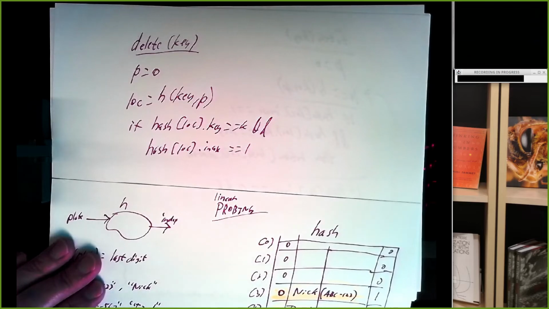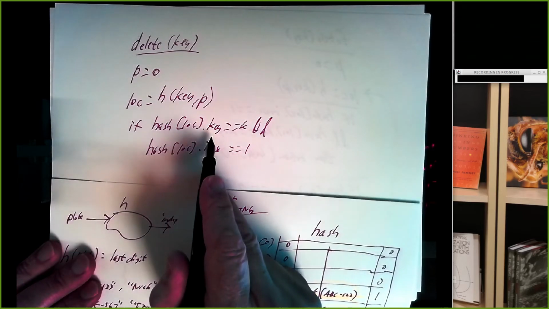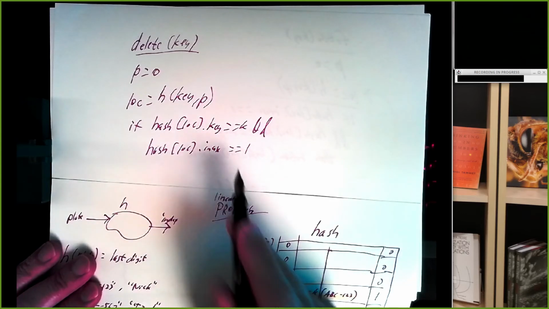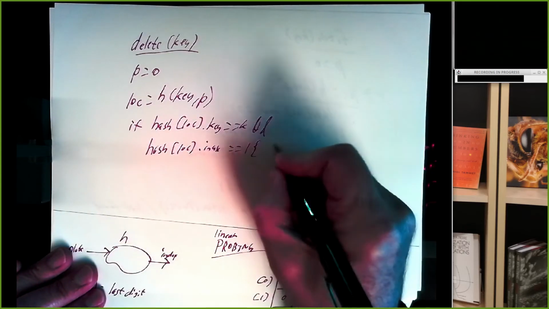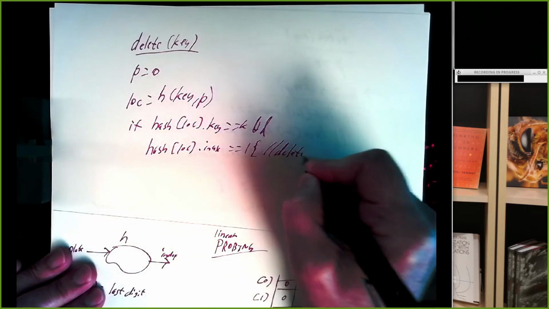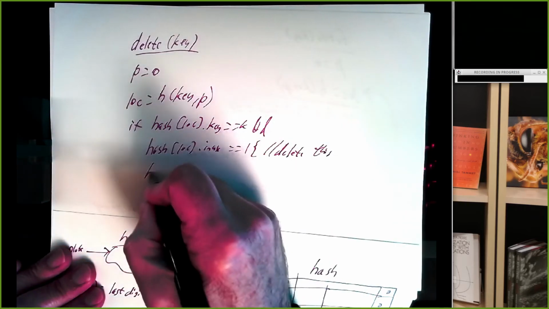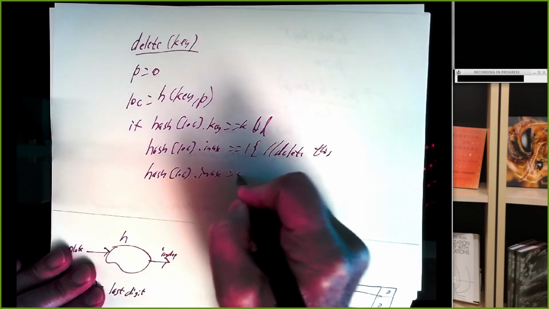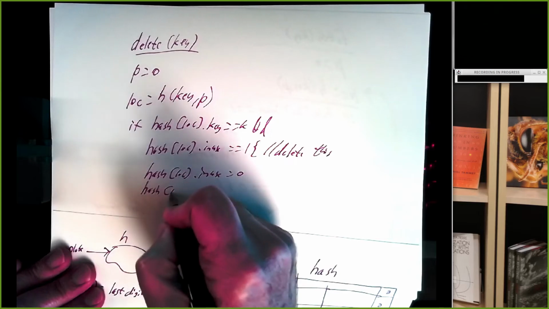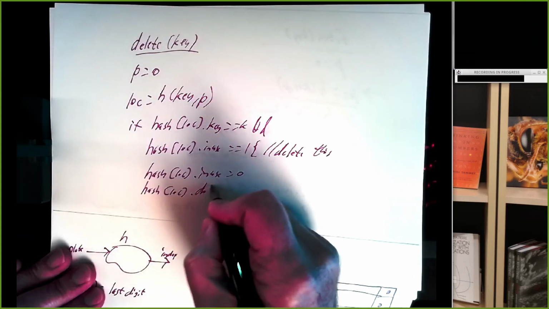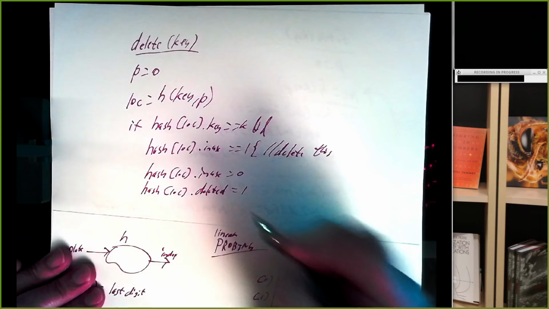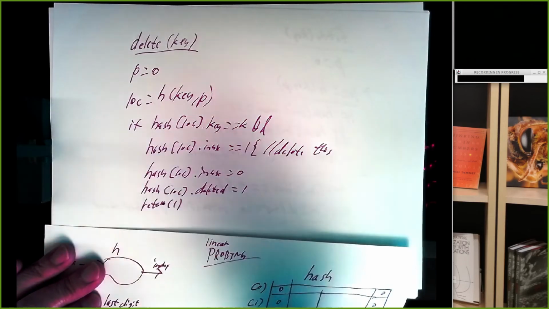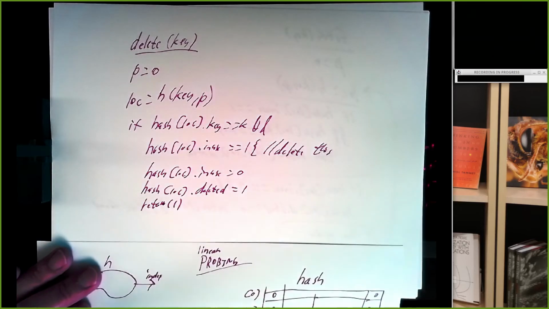So see if the location that we're looking at matches the key and is marked as in use, and if it is, then we want to delete this. So mark it as not in use. Mark it as deleted. And maybe return a 1, saying we deleted something.